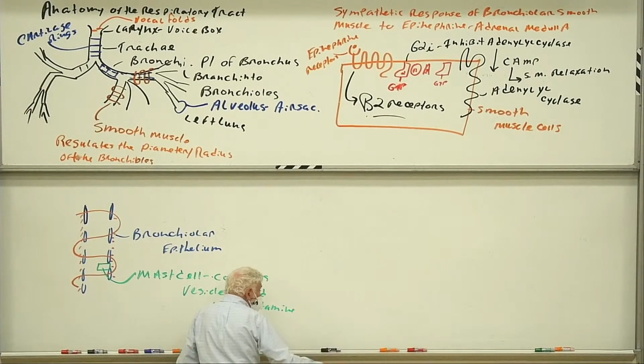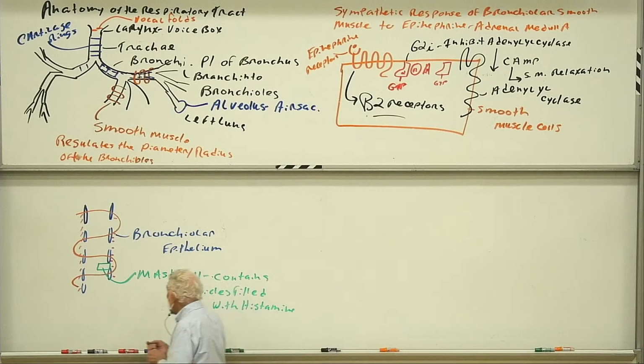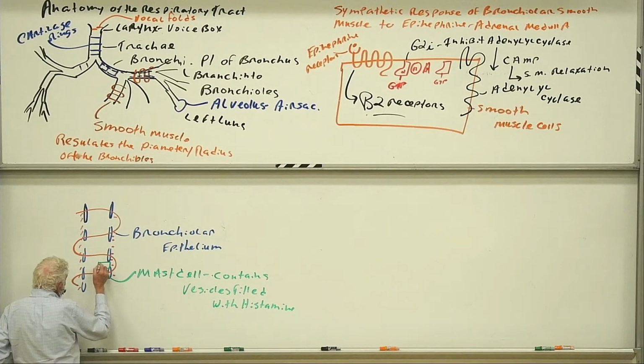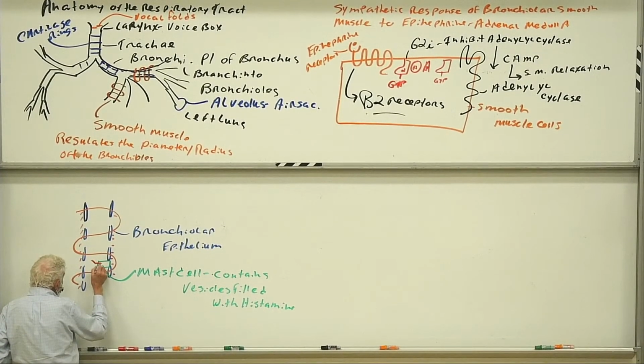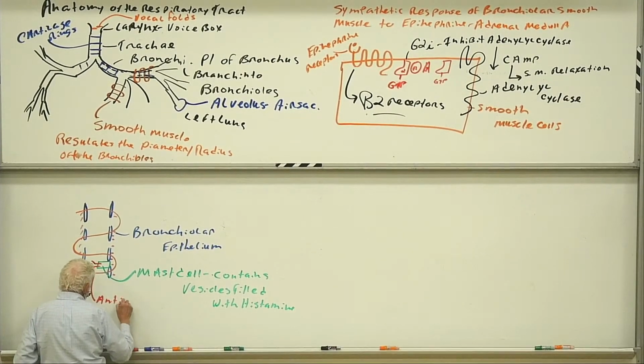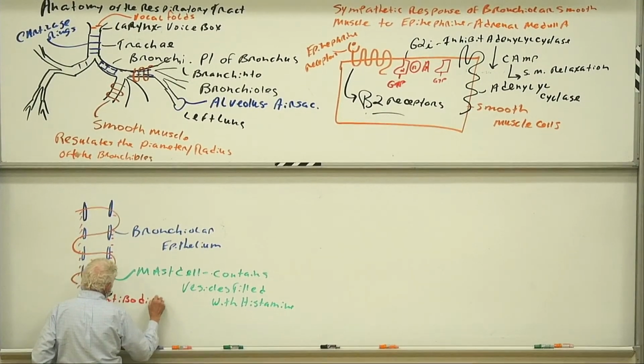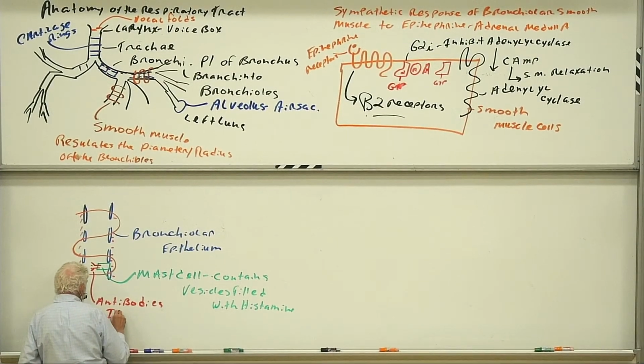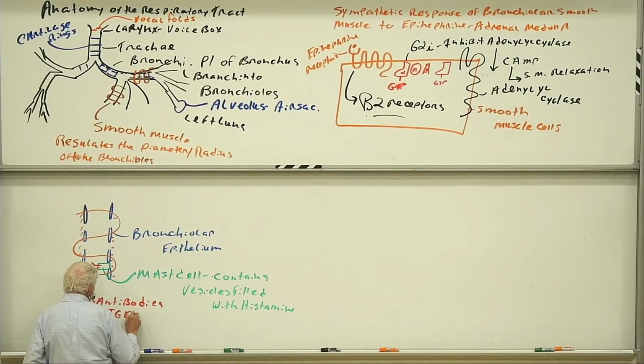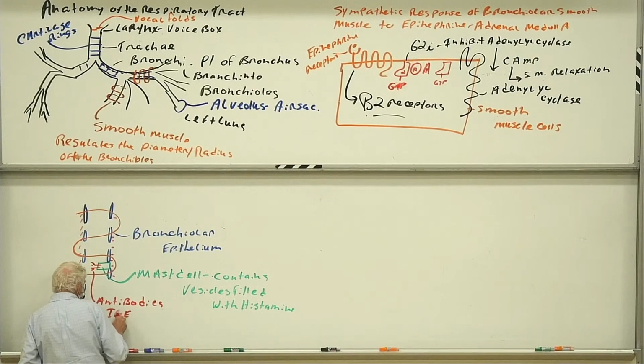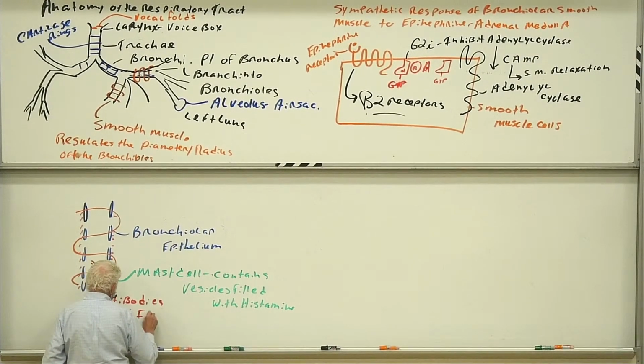In addition, the apical surfaces of these mast cells frequently will contain antibodies, usually IgE or IgA.